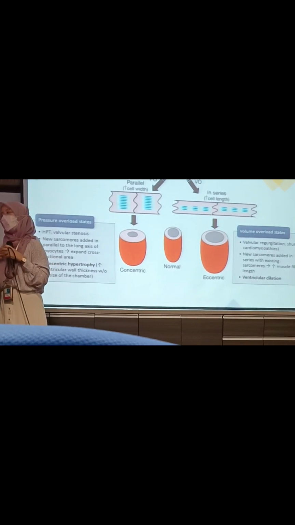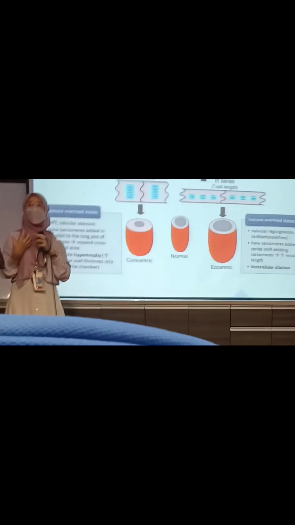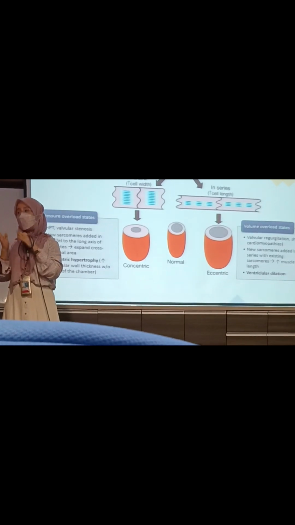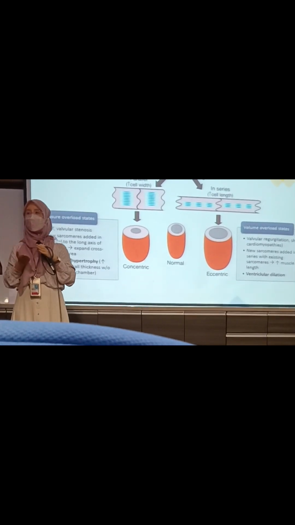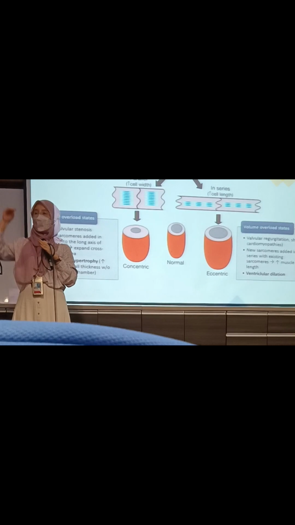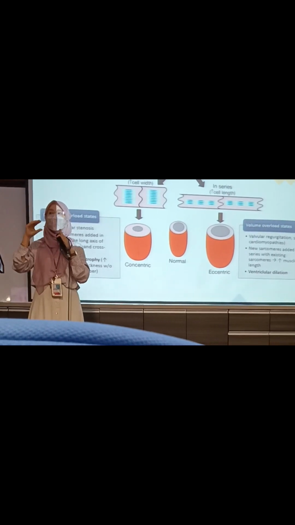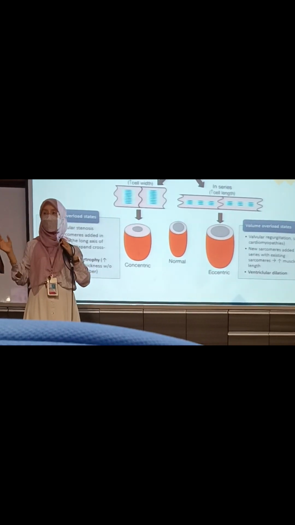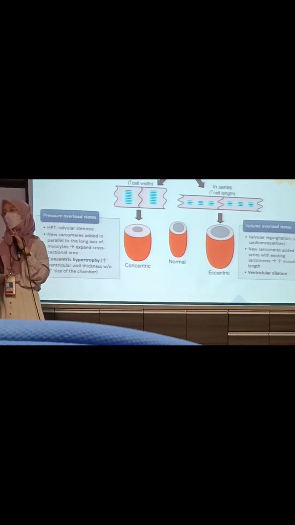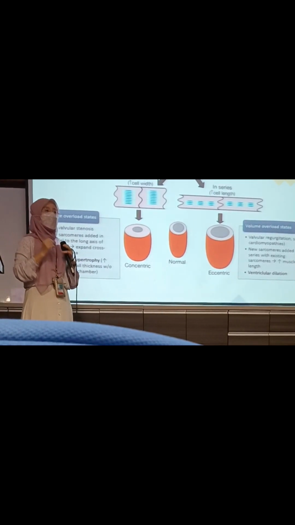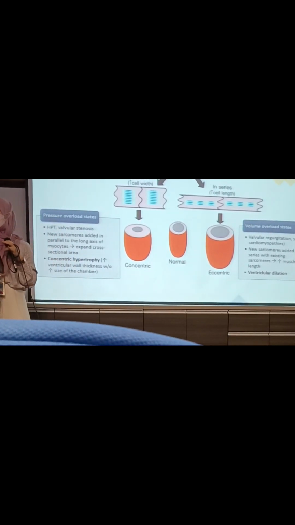Okay, in dilatation, in volume overload, dia punya sarcomeres tu is added in the series of the existing sarcomeres. Dia susun satu-satu, so the ventricles akan jadi lagi panjang instead of gemuk. So in this, the muscle fiber length will be increased.